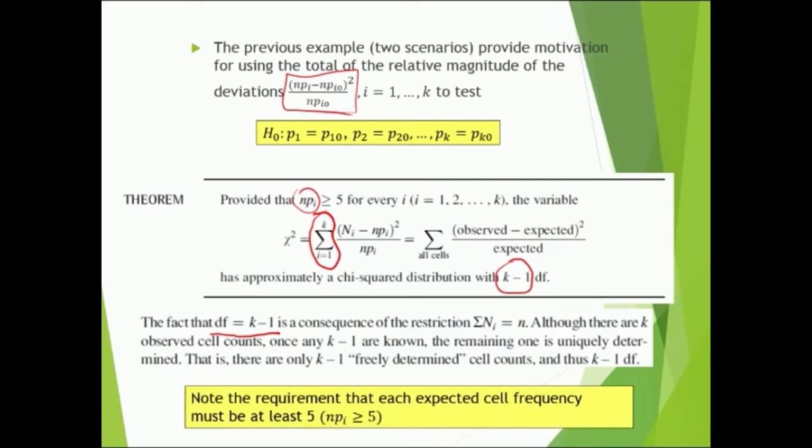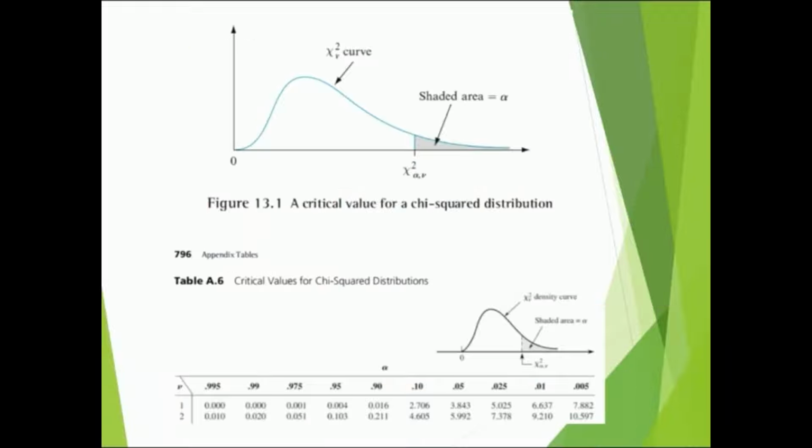Also note the requirement that each expected cell frequency must be at least 5. So we're back to the chi-square distribution, and as a reminder, table A.6 gives upper tail probabilities.